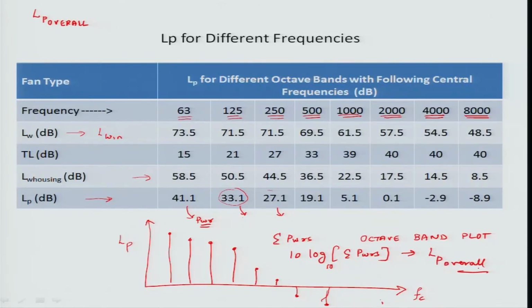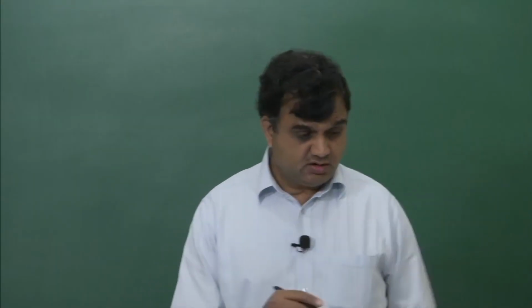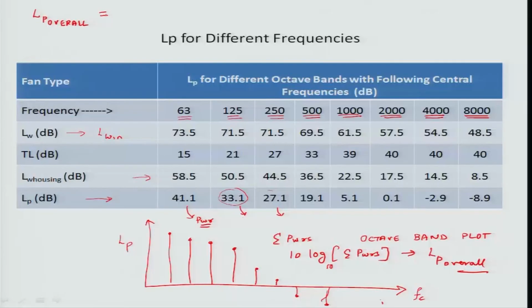So I will show it here. How do we do that? We have discussed this several weeks back, how we add up powers, and I am just going to directly write the numbers. So we take 10 log 10 of the sum of powers. First number is 41.1, so I do 10 to the power of 41.1 divided by 10. That will be the relative power.